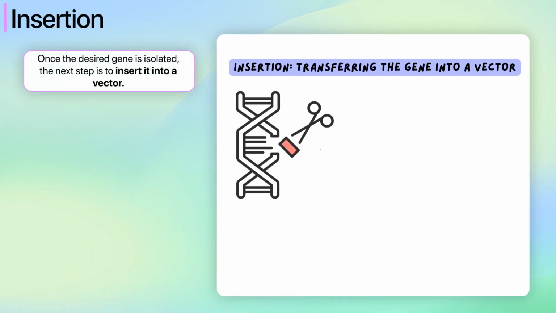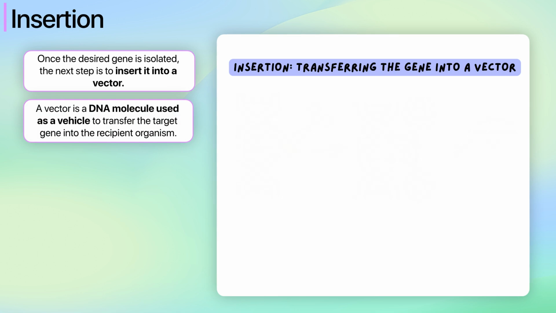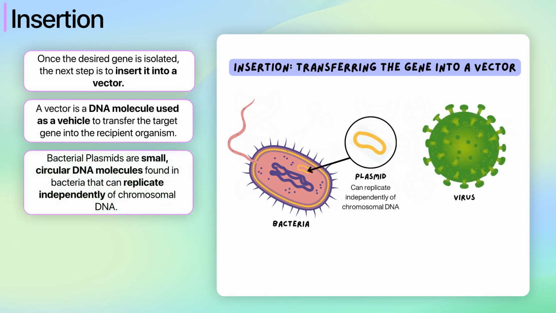Once the desired gene is isolated, the next step is to insert it into a vector. A vector is a DNA molecule used as a vehicle to transfer the target gene into the recipient organism. Two common types of vectors are bacterial plasmids and viruses. Plasmids are small, circular DNA molecules found in bacteria that can replicate independently of chromosomal DNA.